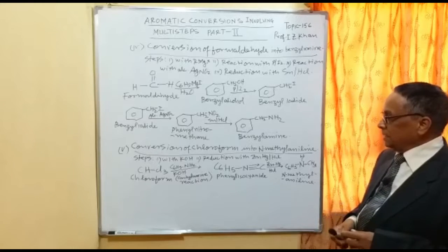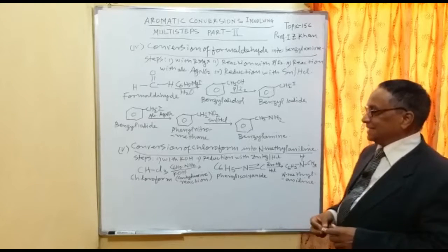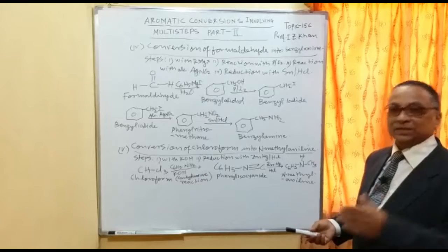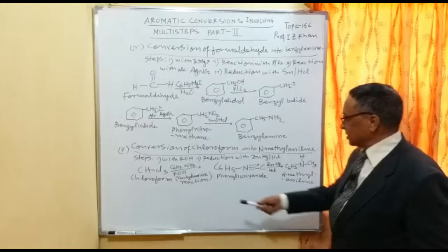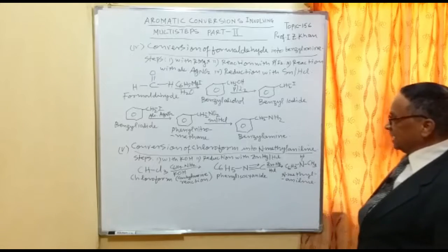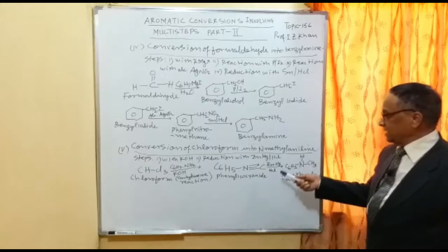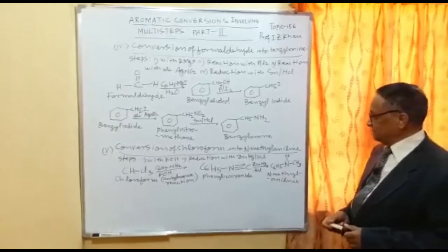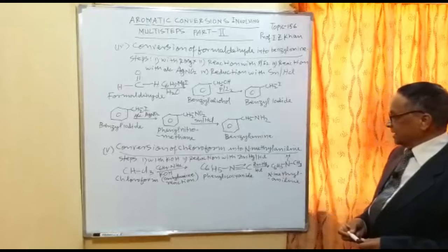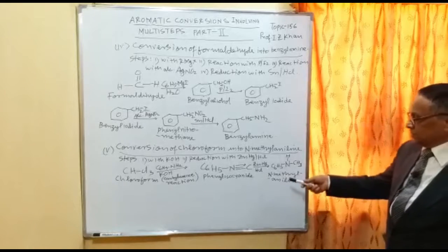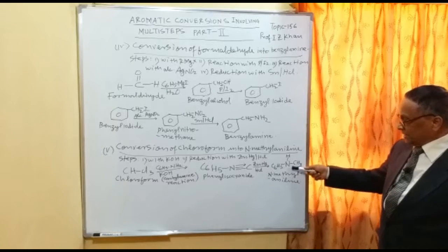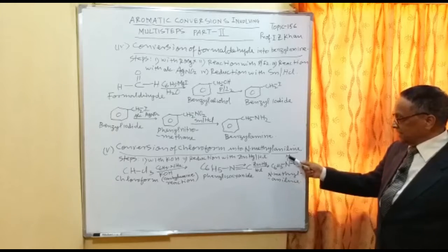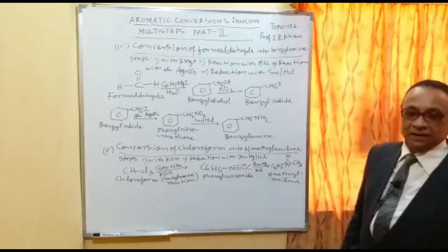It is called the carbylamine reaction, and with this carbylamine reaction, it is converted into phenyl isocyanide, and then it is treated with zinc amalgam and HCl, and in that acidic medium, it is converted into N-methyl aniline, because the methyl group is attached to nitrogen, so it is N-methyl, and this is your aniline.